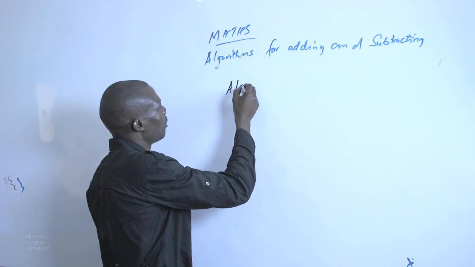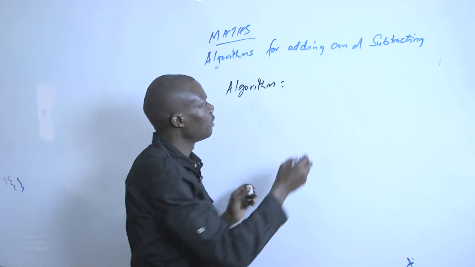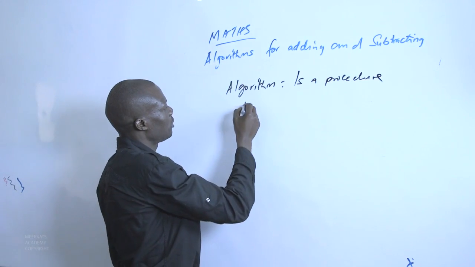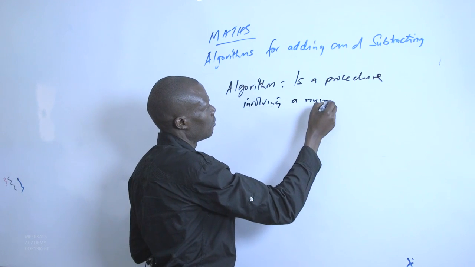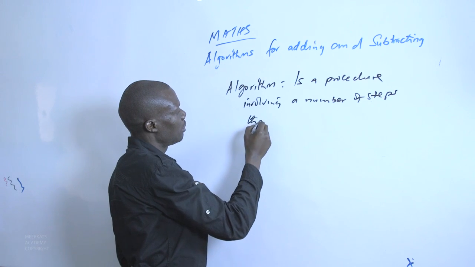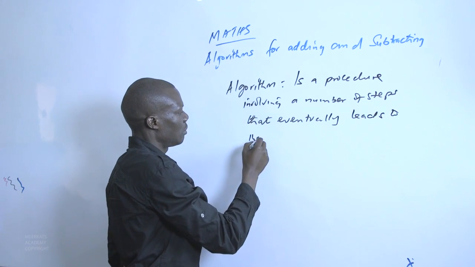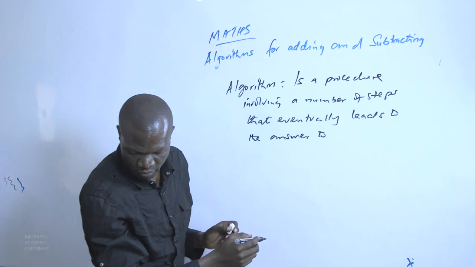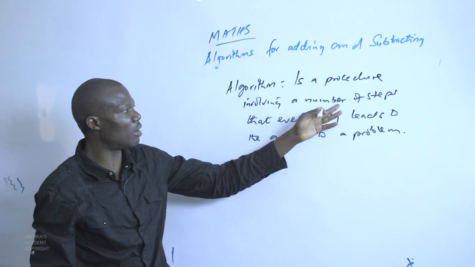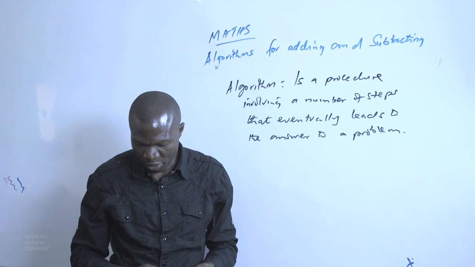When we talk about an algorithm, we are seeing it as a procedure involving a number of steps that eventually leads to the answer to a problem.